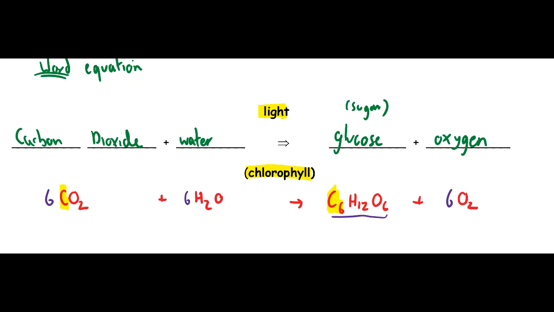Now, some people might be wondering, why do you put light and chlorophyll at the arrow here? The reason you put it here is because it is needed for the reaction, but it doesn't actually take part.